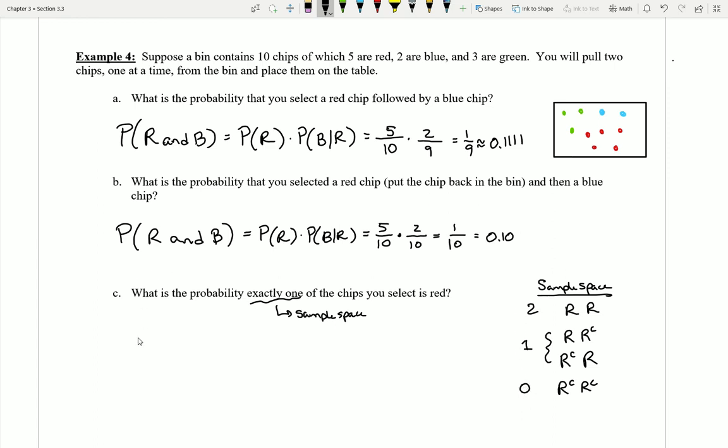Well, in this case, since I want the probability of exactly 1 red chip, I can see that I have the probability of getting a red and a not red, plus the probability of a not red and a red.